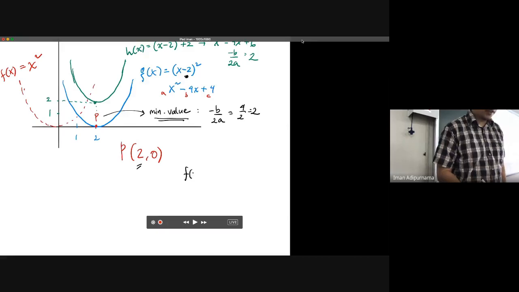Let's say f of x equals a times (x minus h), I'm not sure if it's h or k, I think it's h, squared, and then plus k.